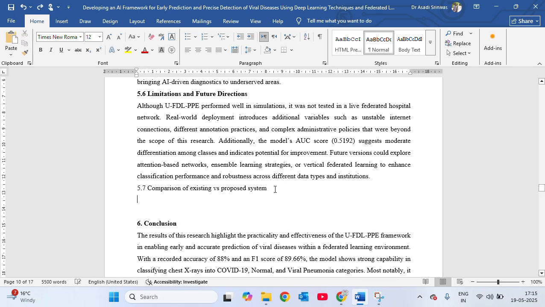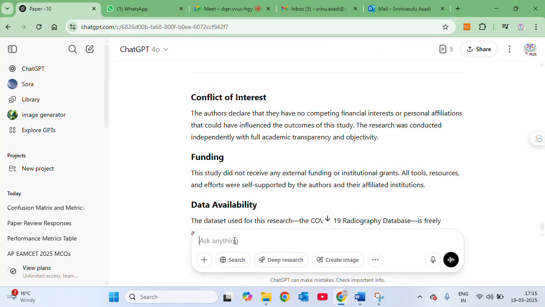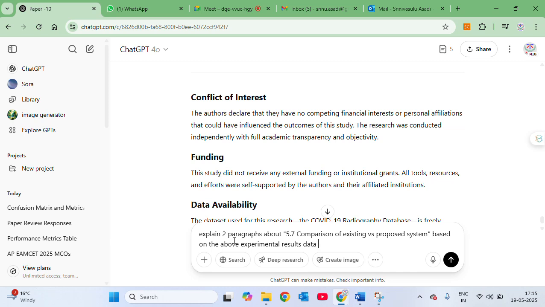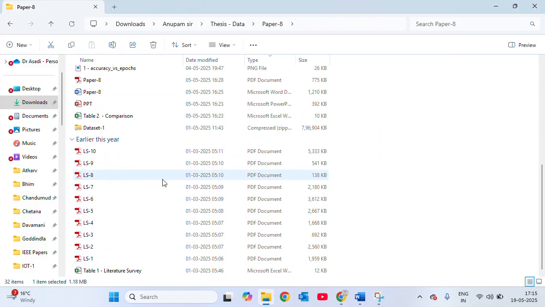This is my own. So I am asking, explain two paragraphs based on the above experimental results data, and also use existing system data. What is the existing system? We have prepared the literature survey table already, you know.